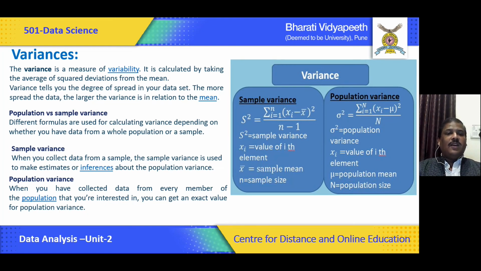The more spread in the data, the larger the variance in relation to the mean. So you can find how much the data is spread in your data set, and you can judge from the value. Now when we go for variance, you have two kinds of variance here: population and sample variance. What is a population? As MCA students you might have come across this in research methodology, which management people also discuss.